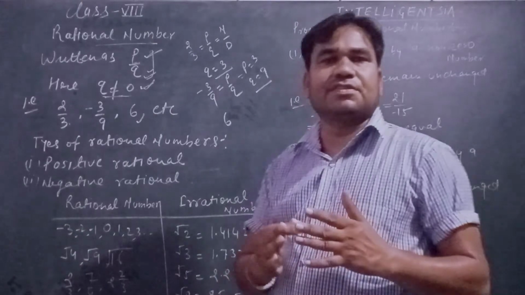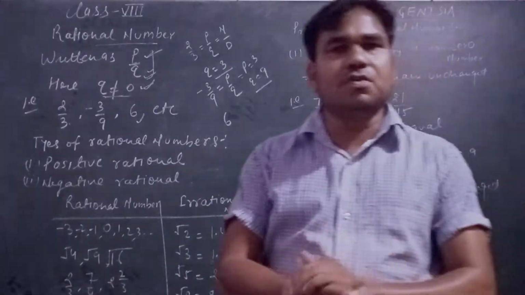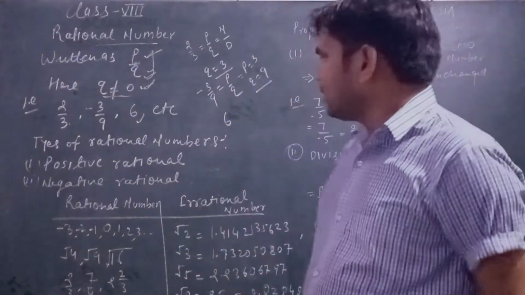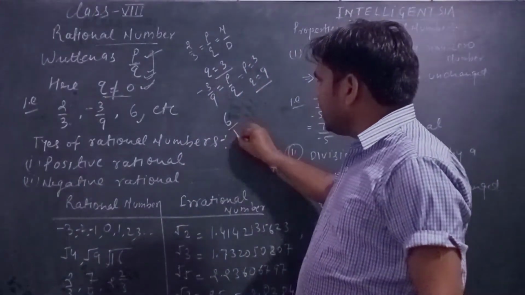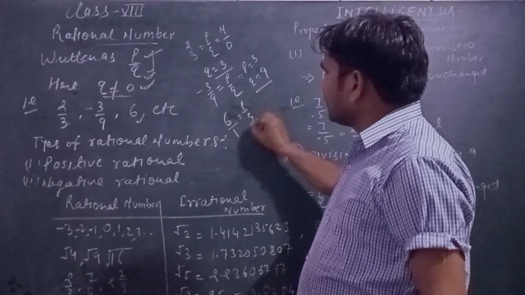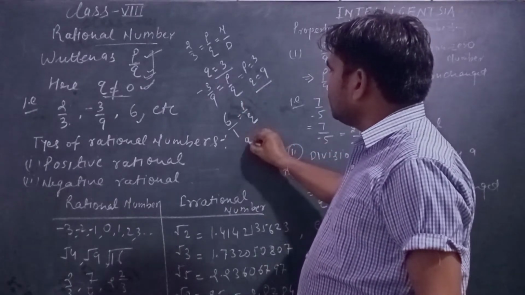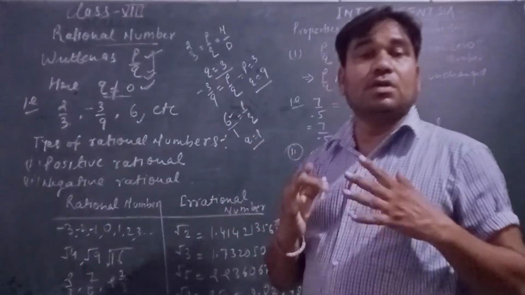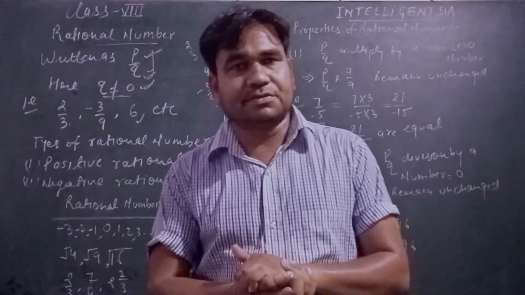Here that is not a denominator, so we put a denominator and make fractional form just like P over Q. So here you see Q equal to 1. So 6 is also a rational number, students.